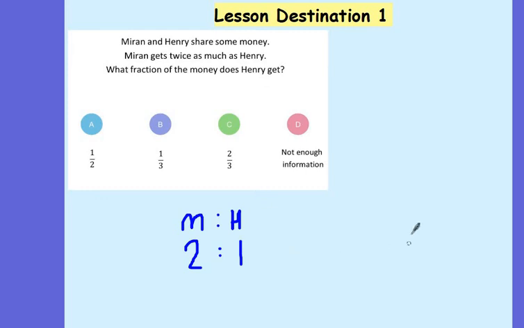Well, if we draw a picture, for every 1 Henry gets, Mirren gets 2. So as a fraction, Henry's getting 1 out of 3. For every pound coin, Henry's getting 1 out of 3. So the answer I was looking for is B.